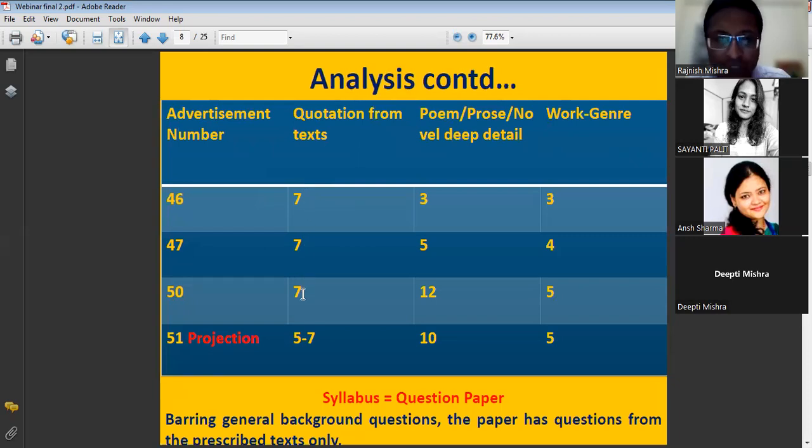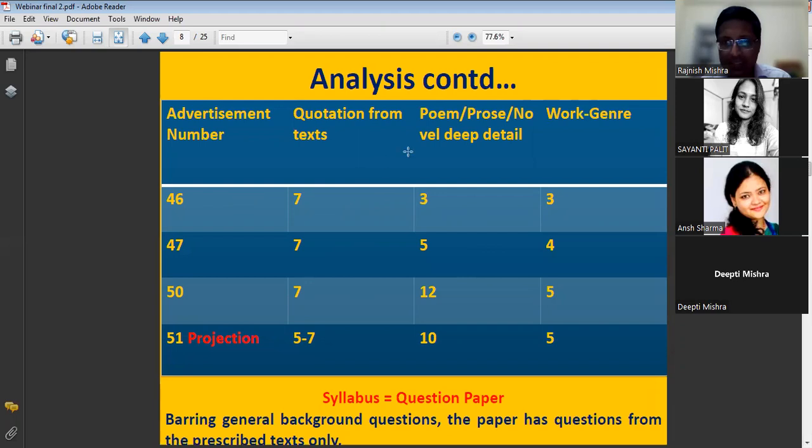So as it has kept to 7, even if they reduce the number, a couple of them, they will not totally erase these kinds of questions. They are popular. You remember that there is a body of professors that have been making these papers in the past. I will not say that a lot of mutation will occur in that body in 2, 3, 4 months. Therefore, 5 to 7 questions will be direct quotations from various kinds of texts.